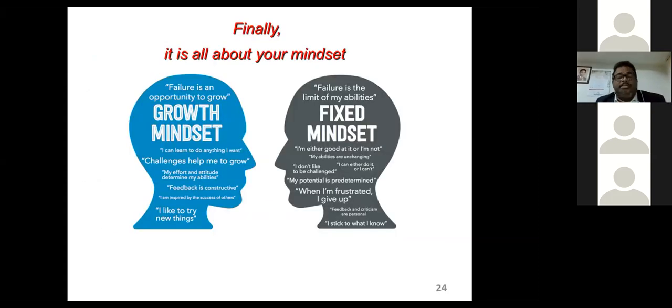So finally, I would like to tell about the mindset of teachers to create a student-centric environment. We need to have a growth mindset in everything. Actually, most of the time, teachers teach almost the same thing year after year, following the same process.